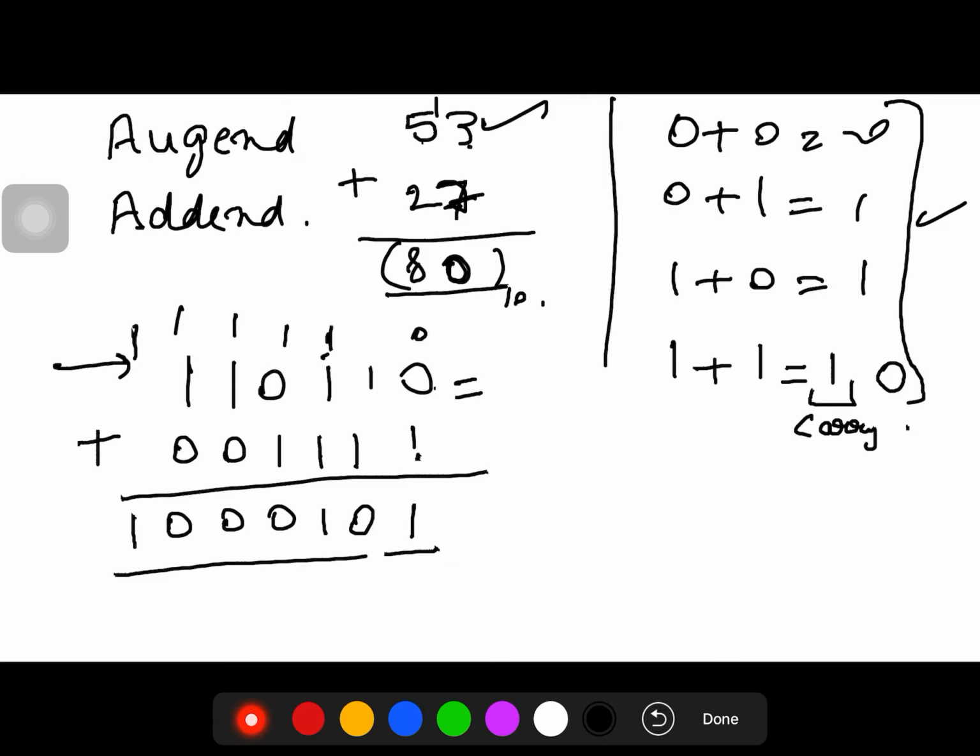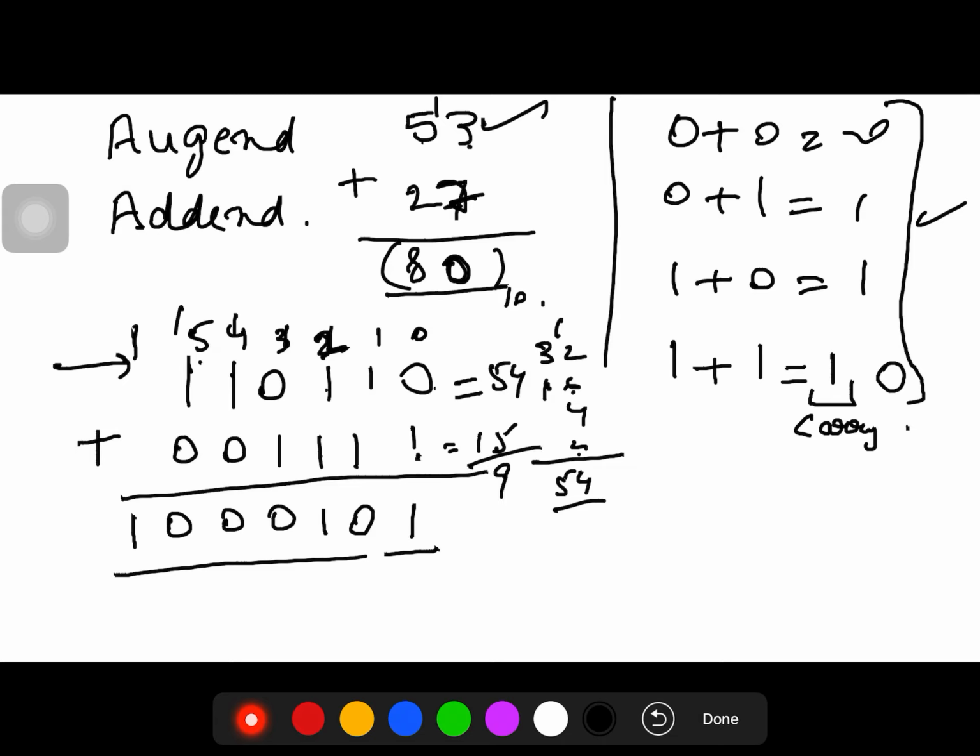We'll write 1 here. This is the answer, and we can verify this number. This number has positions 0, 1, 2, 3, 4 and 5. What is this number? 32 plus 16 plus 4 plus 2, which is 54.